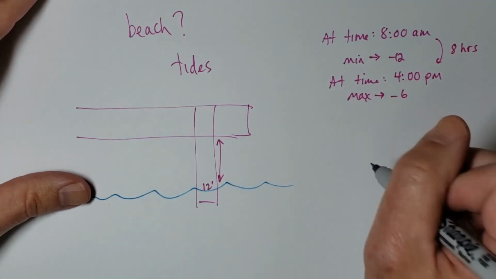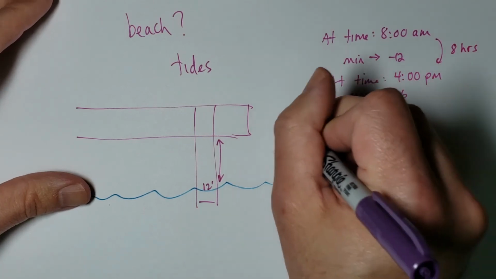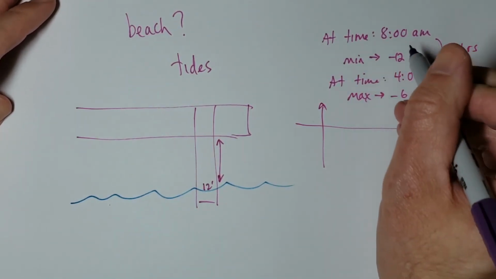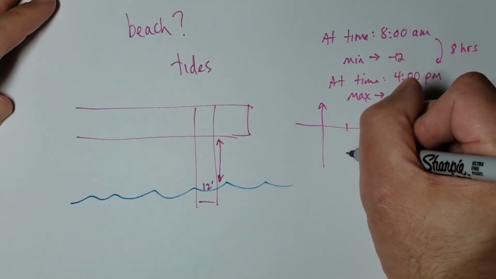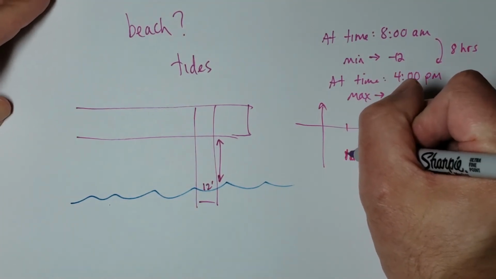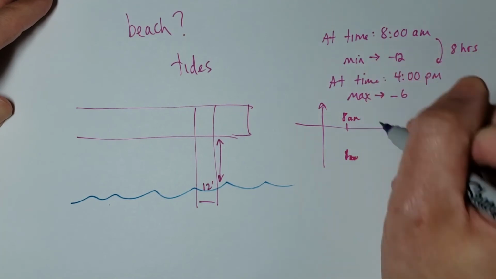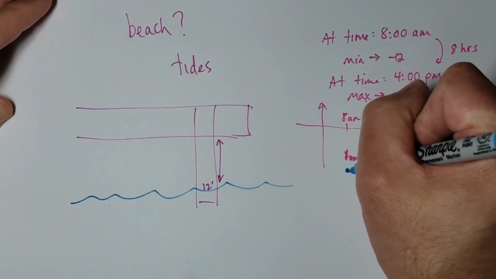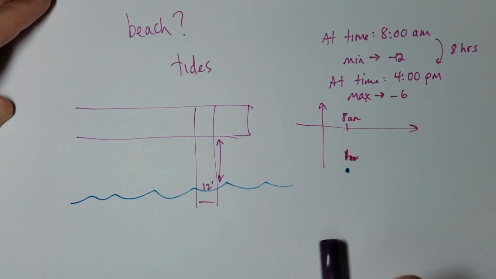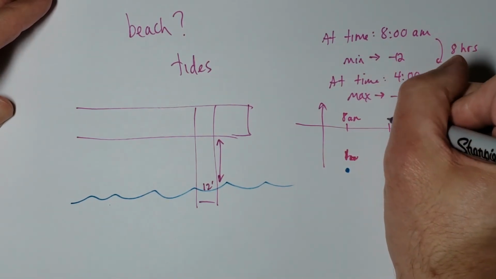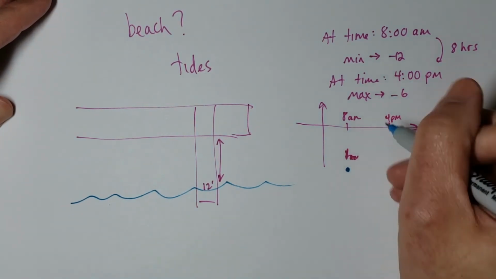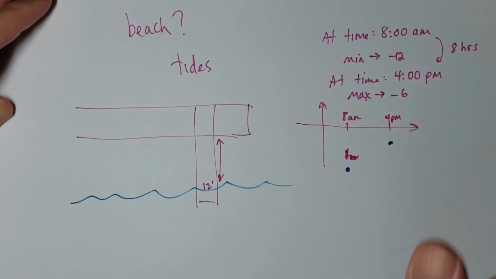So if I were to graph this a little bit, I would see that it started at 8 a.m. Oh, that's going to be in the way. At 8 a.m. and it was at negative 12. I'll put negative 12 right there. And then at 4 p.m., it was up to negative 6.